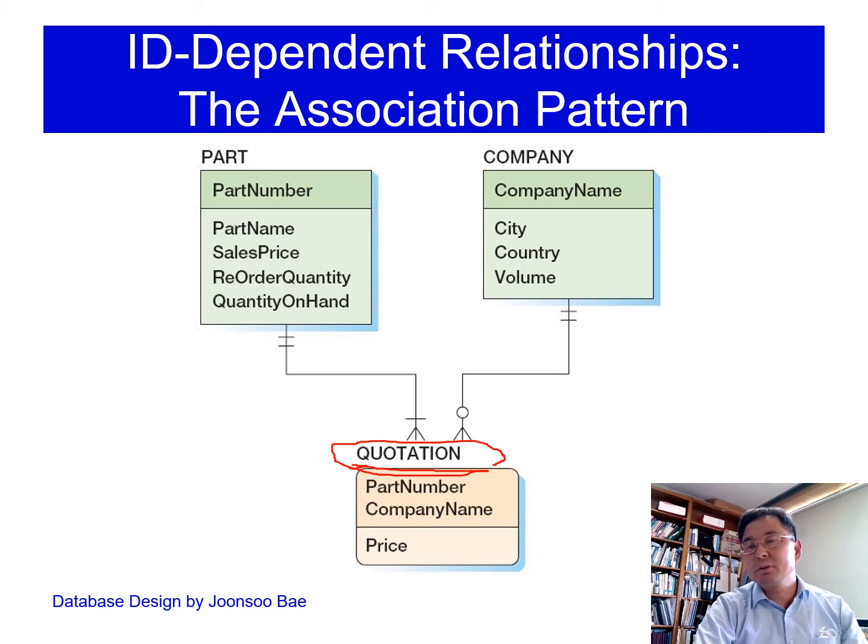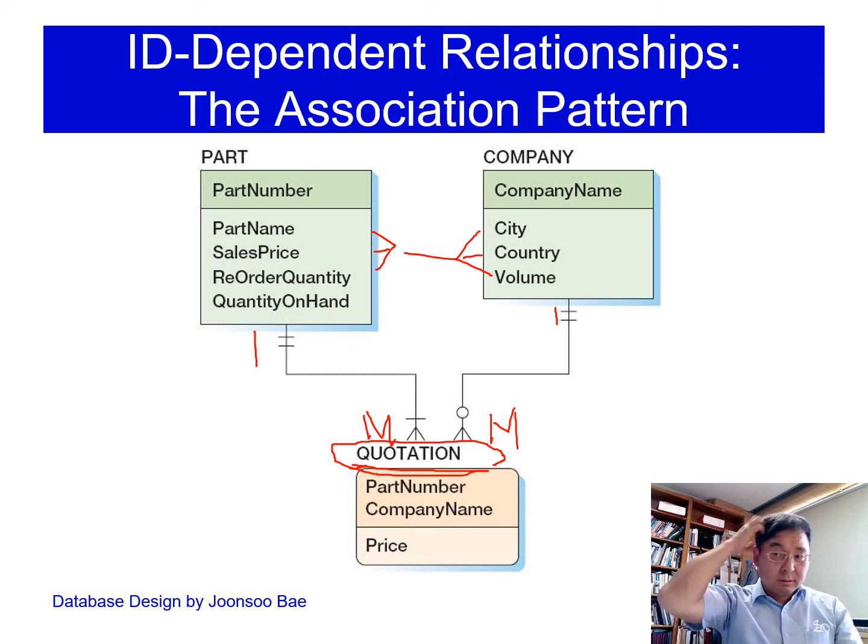Okay, because we have seen that part and the company relationship was many to many. So this many to many relationship is transformed to two one to many relationships. But instead of that, we need additional entities.